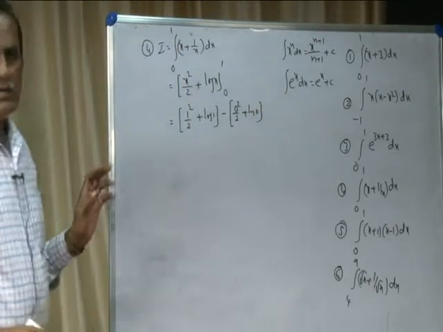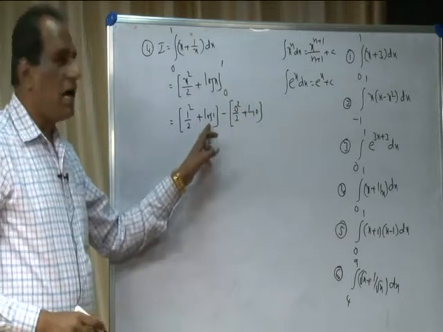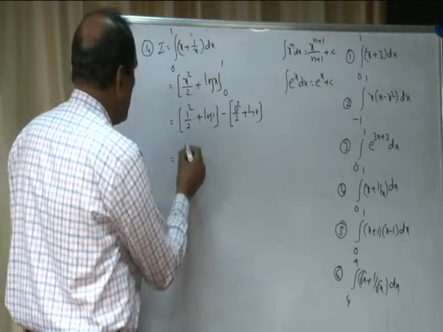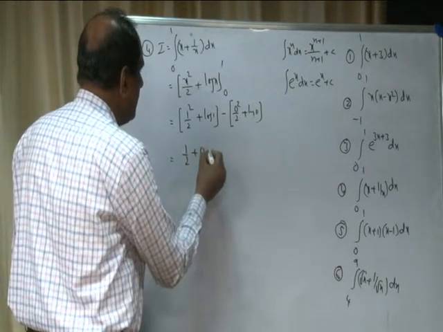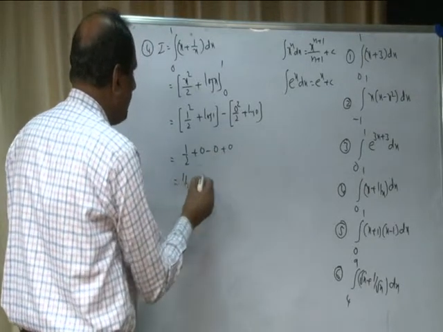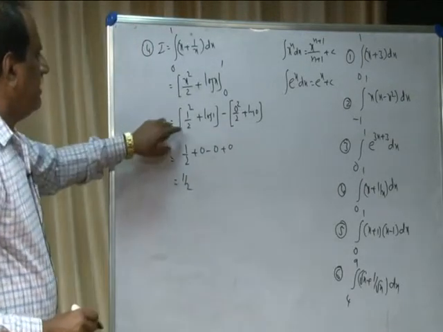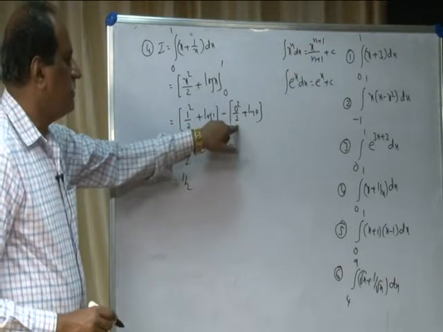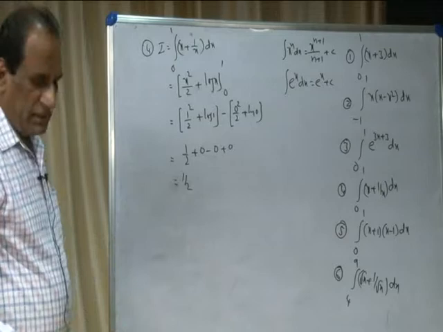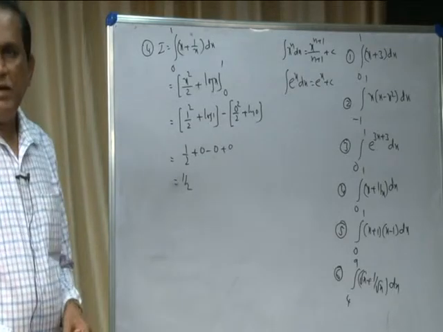See here, log 1 to any base is 0, so that is half plus 0, minus 0 plus 0. So we get half. Log 1 is 0, 0 by anything is 0. So we get the definite value 1 by 2.